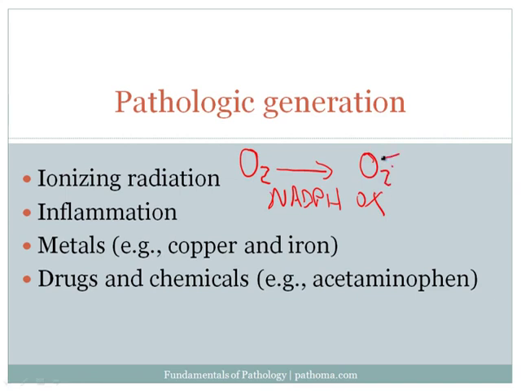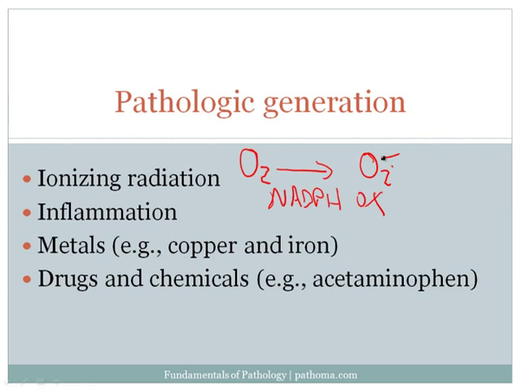And so that's the very first step. And superoxide will very quickly be converted by superoxide dismutase to hydrogen peroxide. And then hydrogen peroxide is converted by myeloperoxidase to form bleach, or HOCl. But we'll discuss the additional reactions later when we do our chapter or section on inflammation.